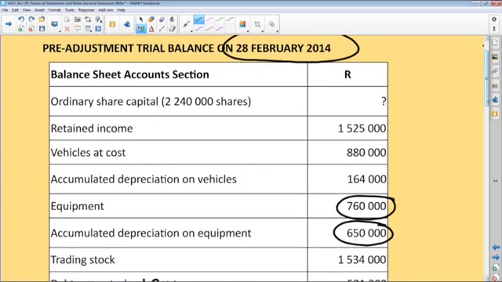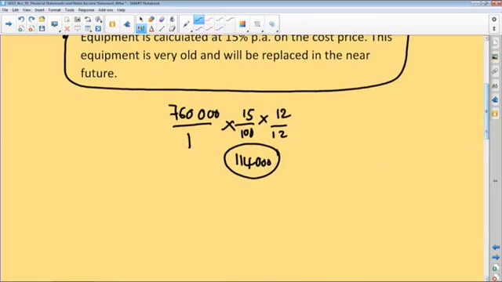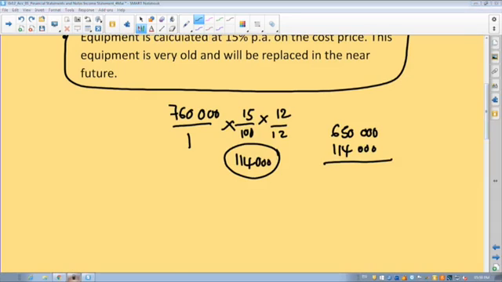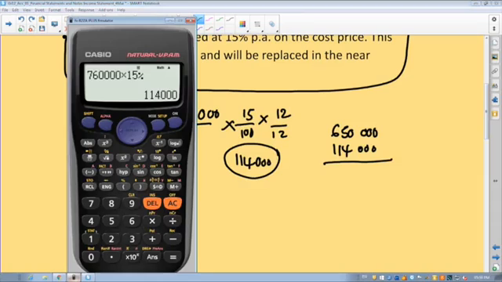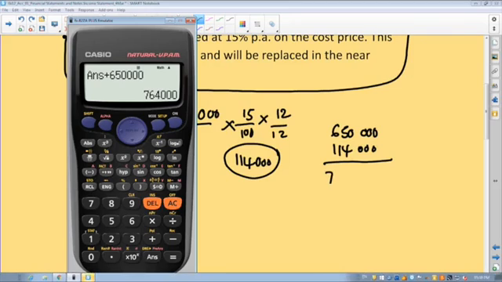Okay, now, if that is the case, look at my accumulated depreciation. It has a balance of 650,000. So therefore, if I take 650,000 and I add 114,000, that will give me a figure of 764,000.